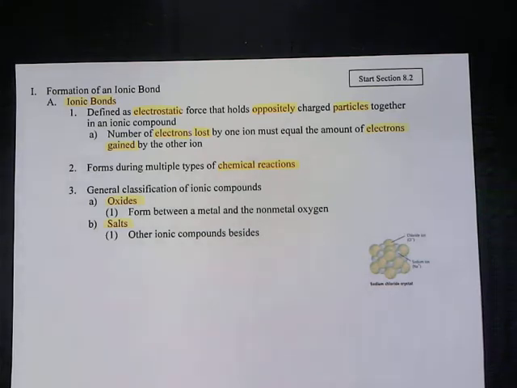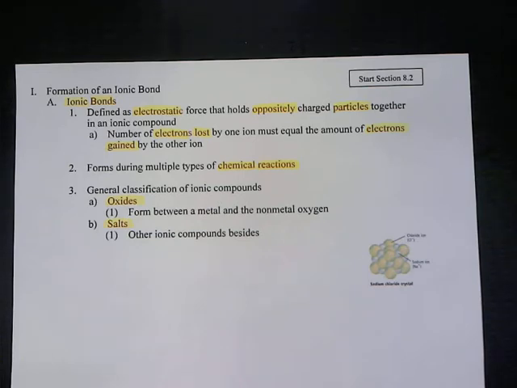Because they exchange those electrons, they enter into ionic bonds. Why or how we get to this point is through chemical reactions. A couple of things: with ionic bonds, opposites attract, so positive cations are attracted to negative anions, and they exchange electrons through chemical reactions.